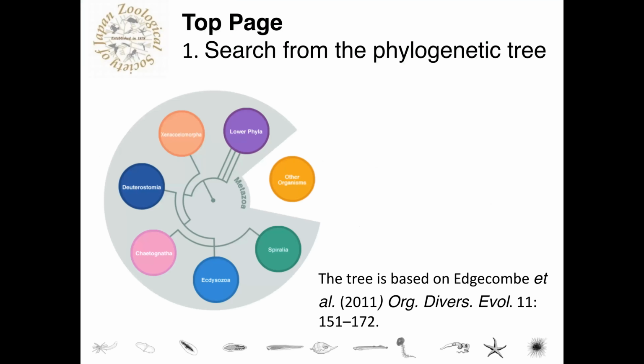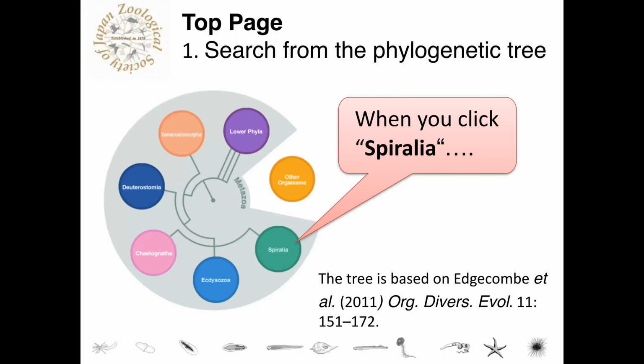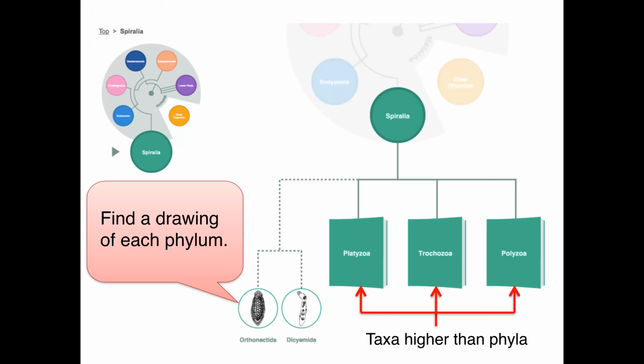First, let's look at the phylogenetic tree. For example, if you click on this green circle at Spiralia, it takes you to a subpage. On the left, you can see a representative drawing of two animals from two of the phyla inside Spiralia.